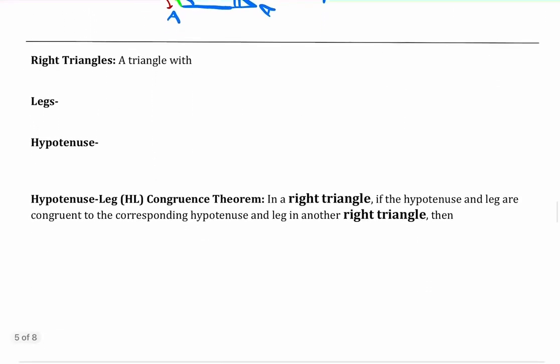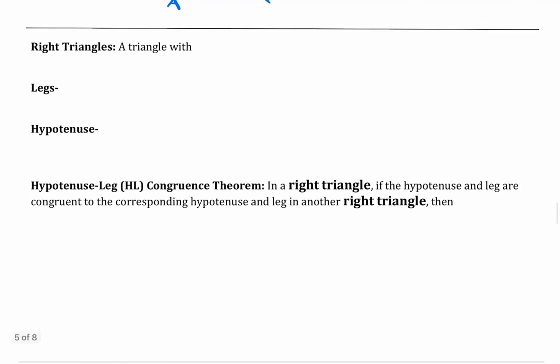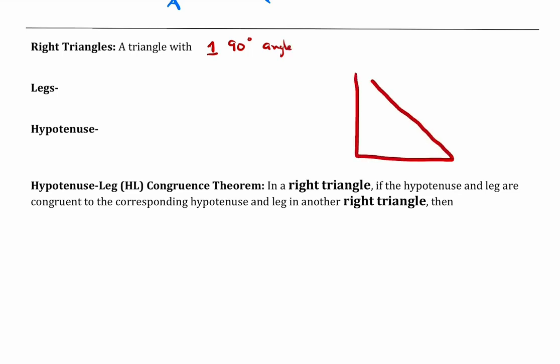Continuing on, we've talked a little bit about right triangles already. A right triangle is a triangle that has one 90-degree angle. Okay, so if we draw a picture of that, we're looking at this right here. So there's a right triangle.